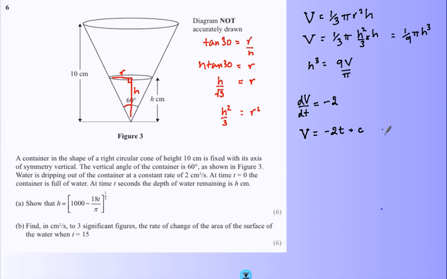Because this starts full, we need the volume at full, and that is, volume is 1/9 pi h cubed, and full, h is 10, so h cubed is 1,000, and so when t is 0, volume has got to equal this, so volume equals -2t plus this thing, 1,000 pi over 9.